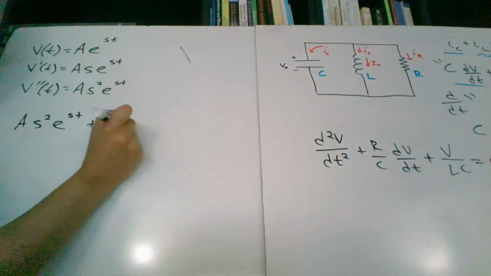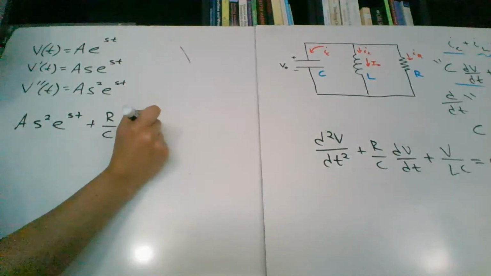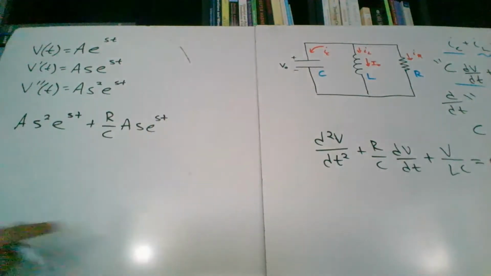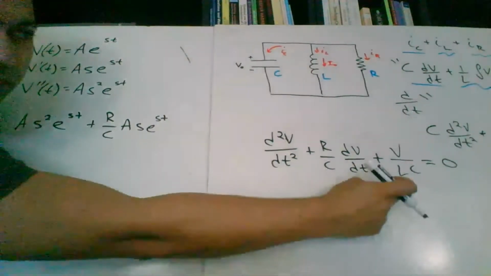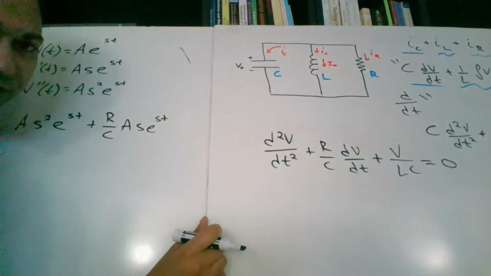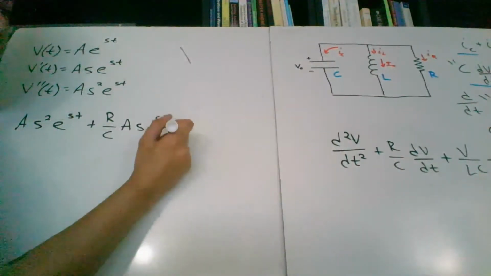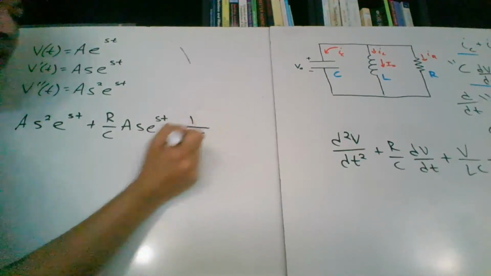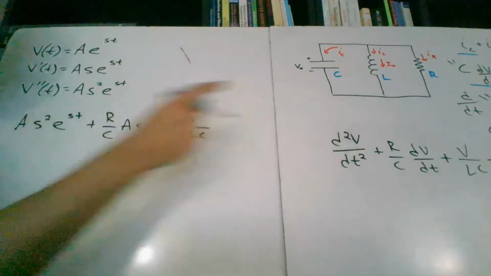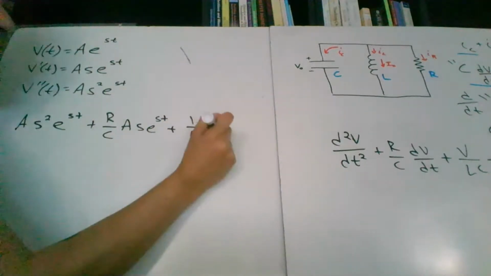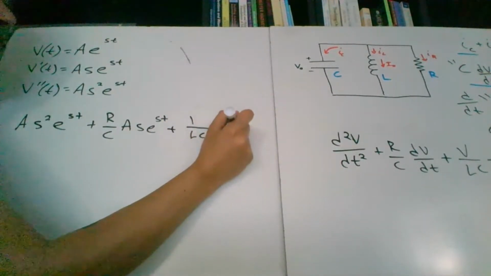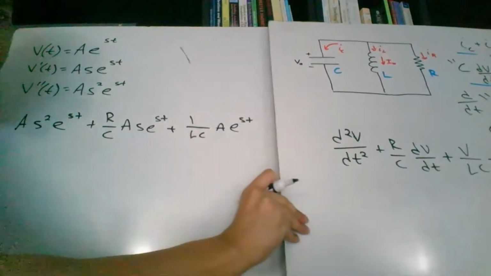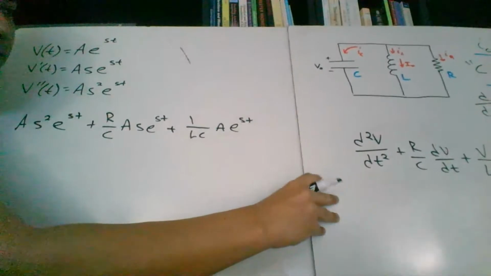So that's going to be A s e to the power st. And then finally, the last part is v over LC. So I'm going to do plus 1 over L times C. And I'm going to multiply this by the v term in the numerator, which is A e to the power st. And all of that has to equal 0.